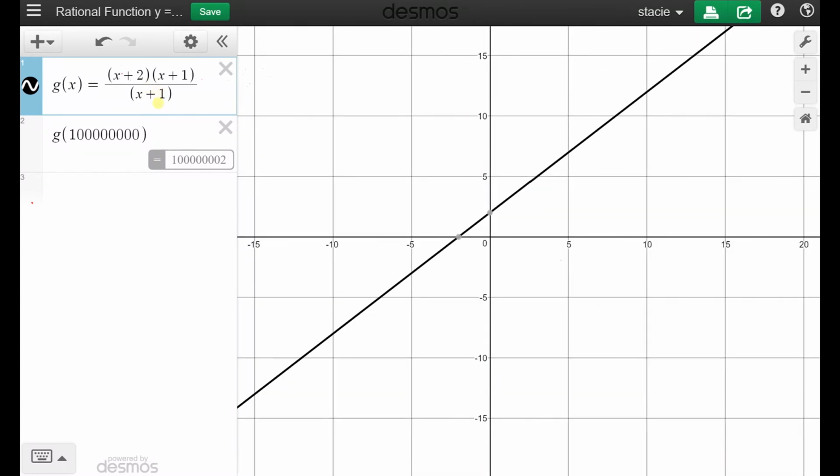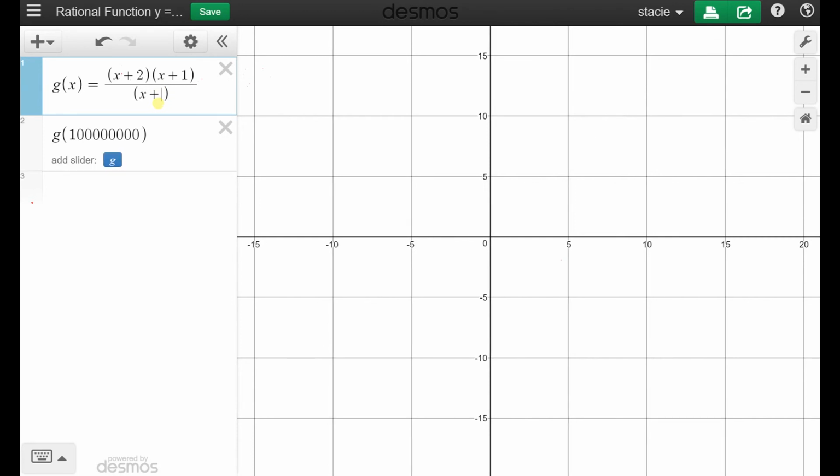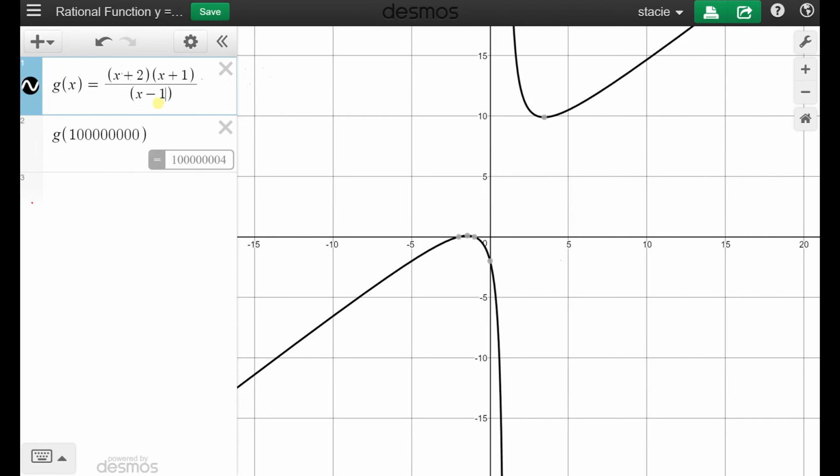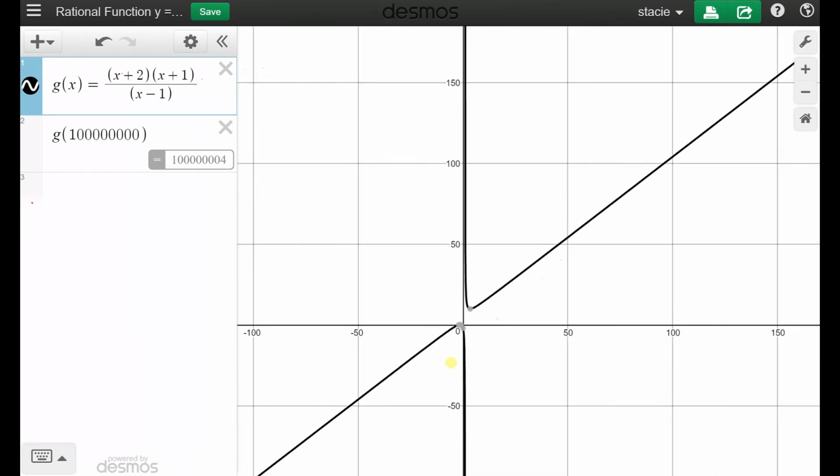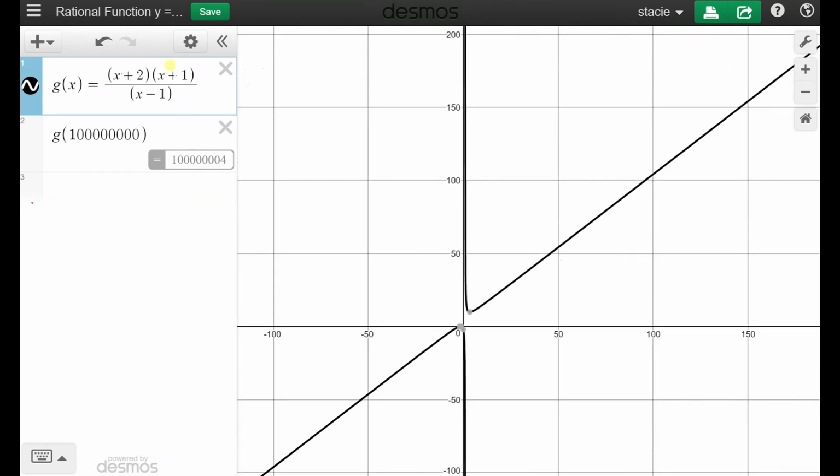So even if I change this number a little bit, now we have a vertical asymptote because we can't sub in 1 in the denominator. So it swings up for the vertical asymptote, but over time, the x's kind of cancel each other out, and the linear term takes over.